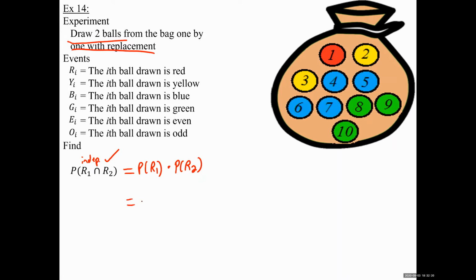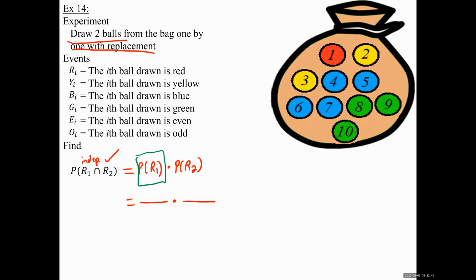Okay, now I'm going to find each of these probabilities here. All right, let's focus on the first one. Whatever is after the symbol P, that's what we're finding the probability of. Probability the first ball that was drawn is red. I need you to think, because what are we doing? We're drawing 2 balls, right?